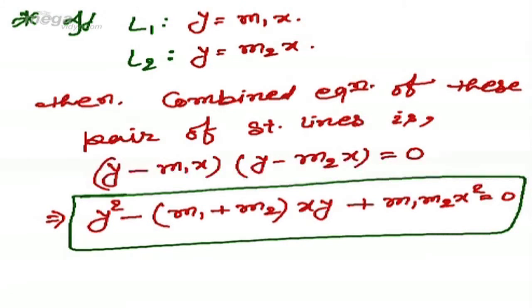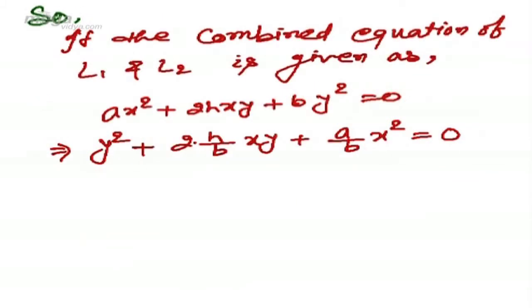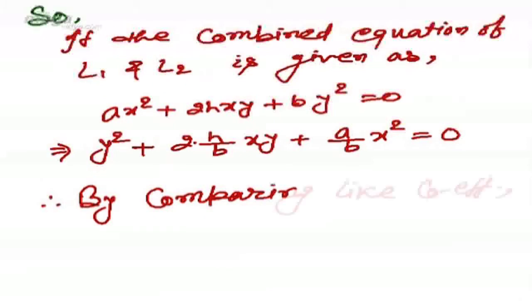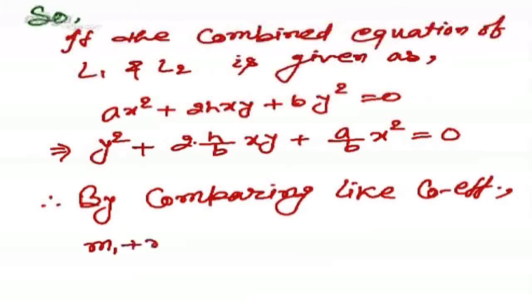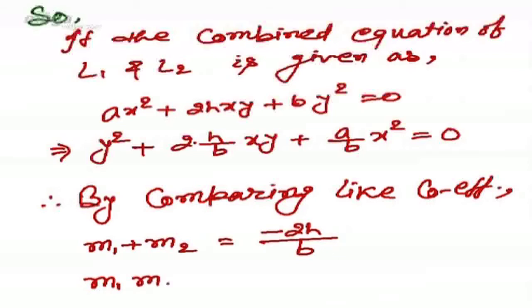It means the coefficient of all other like terms will be the same. So if we compare, we will get m1 plus m2 is equal to minus 2h upon b, and m1 into m2 is equal to a upon b.